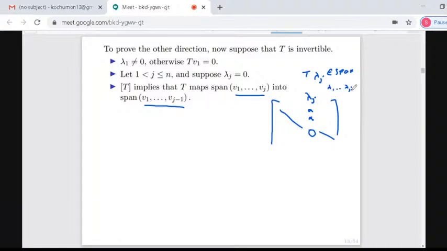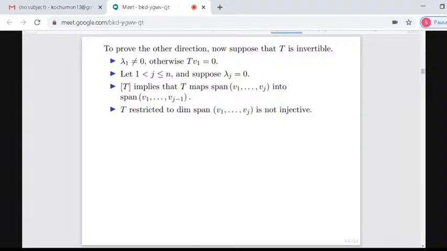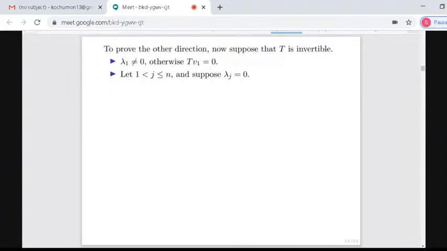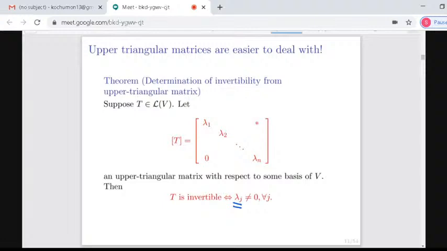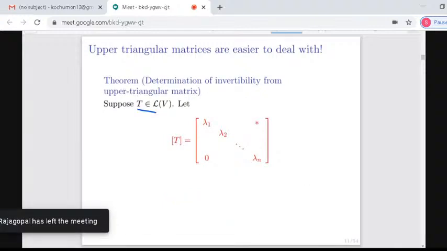So the full set V1, V2, up to Vj is mapped into the span of V1, V2, up to Vj minus 1. Therefore, it is not surjective there. If it is not surjective there, it cannot be invertible. That is the argument. And so we have shown that T is invertible if and only if the diagonal entries are non-zero.